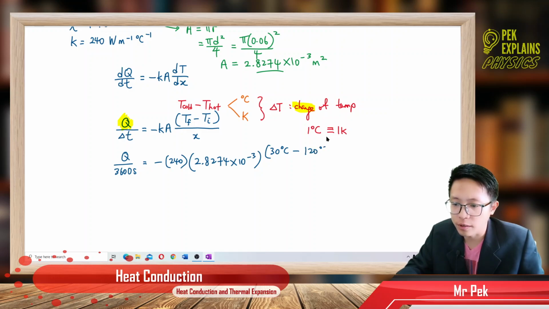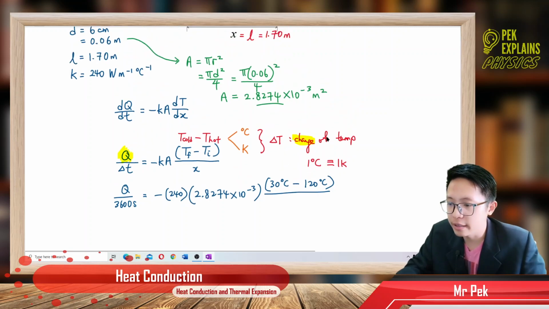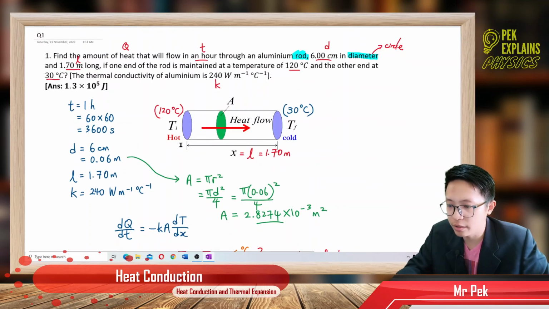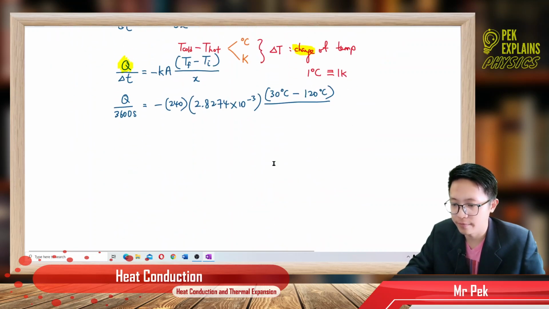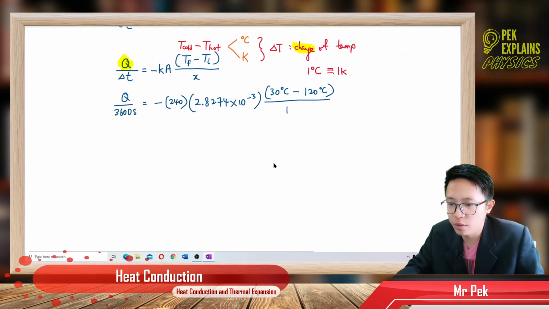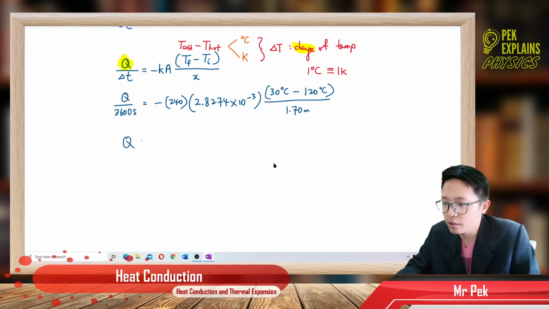And the length of the rod is the distance traveled by the heat. The length of the rod is the x, 1.7 meter. So just put in 1.7 meter, and then you can calculate the Q.